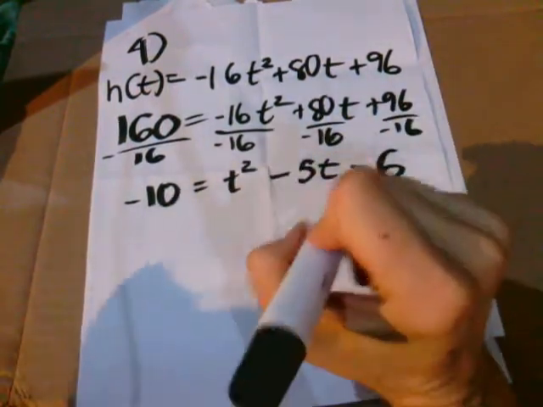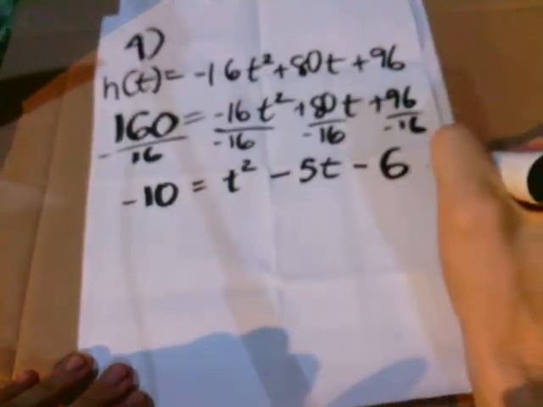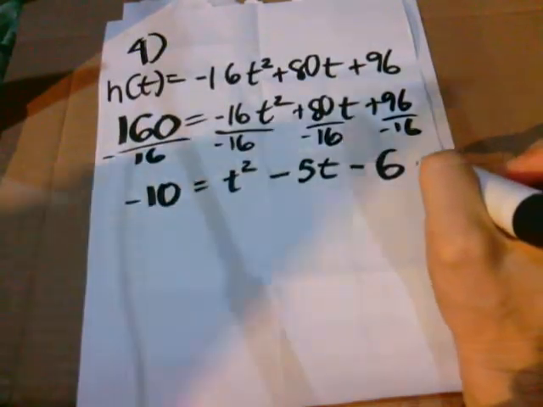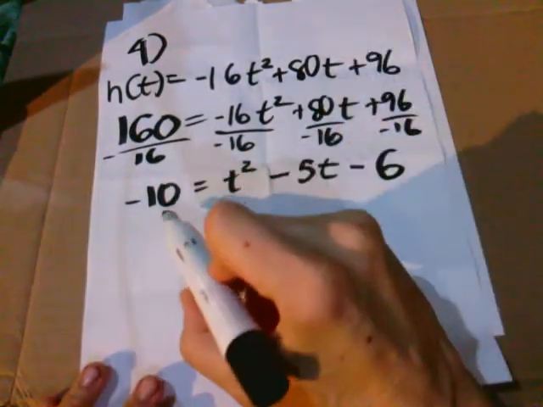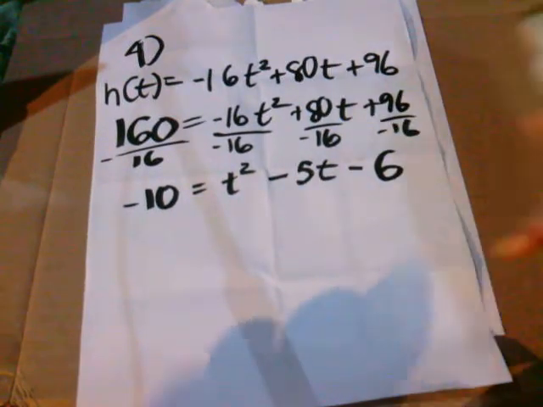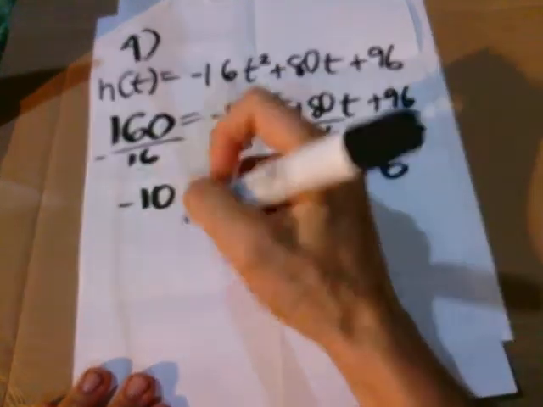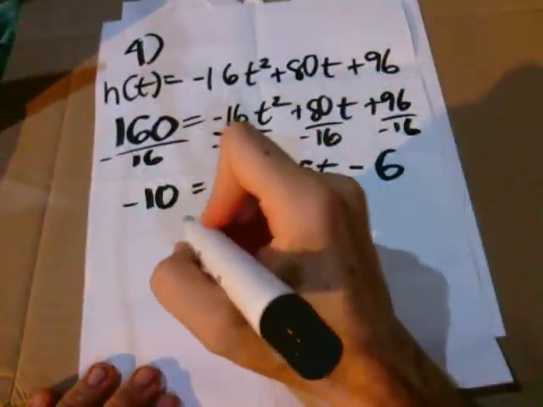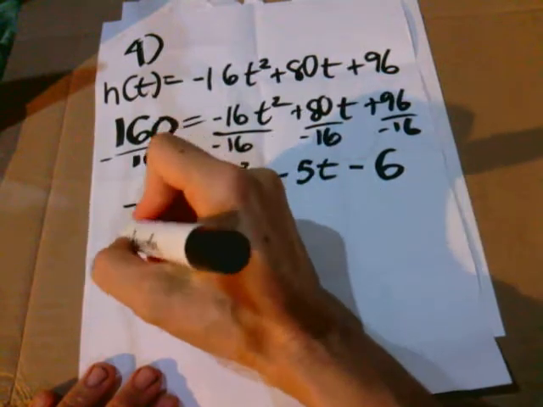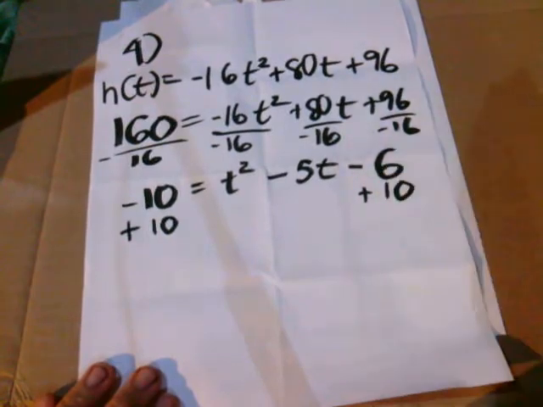Okay, now let's move the negative 10 over to this side of the equation so that we can get a 0 on this side of the equation. So negative 10, we're going to go plus 10, plus 10.